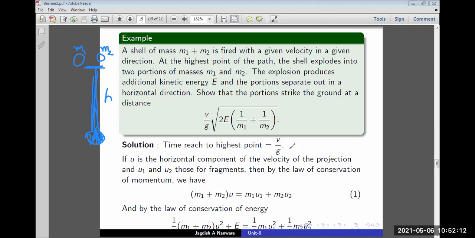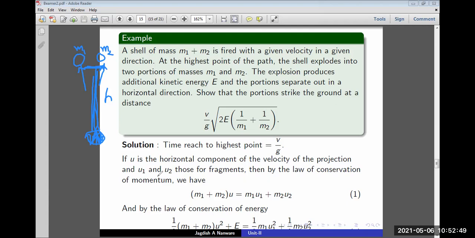So therefore, the time at highest point is taken as u upon g, if u is the horizontal component of the velocity of the projection, and u1 and u2 those for the fragments. Fragments means after explosion it gets divided into two parts. So these are the projections u1 and u2.